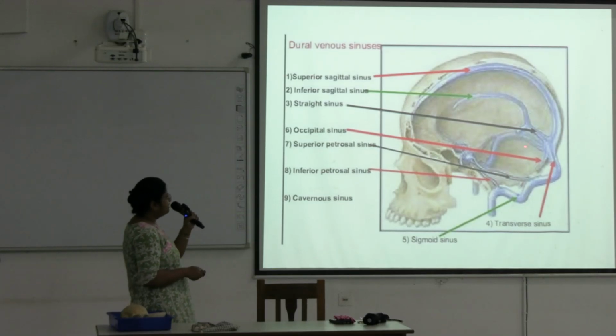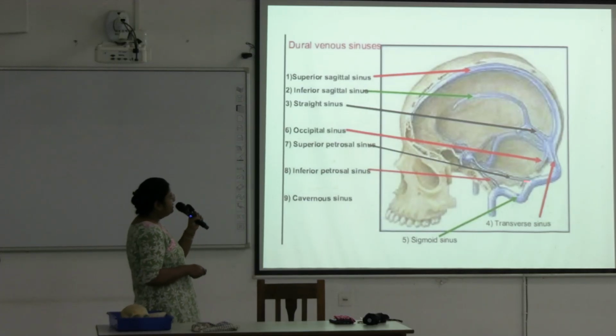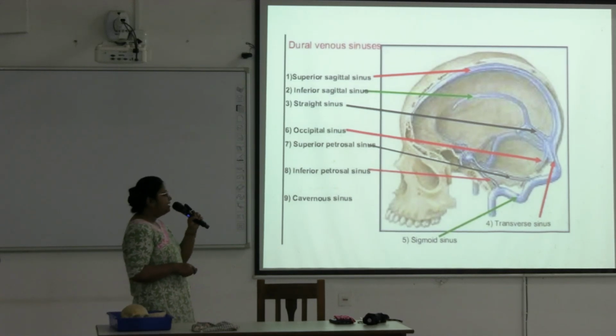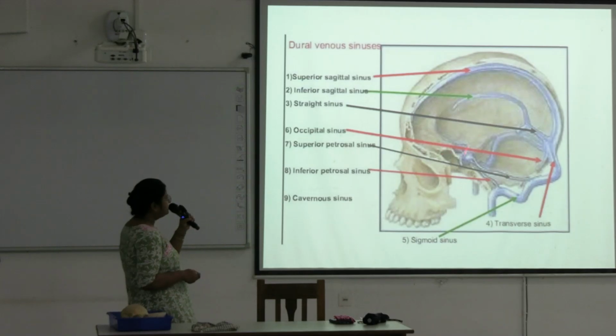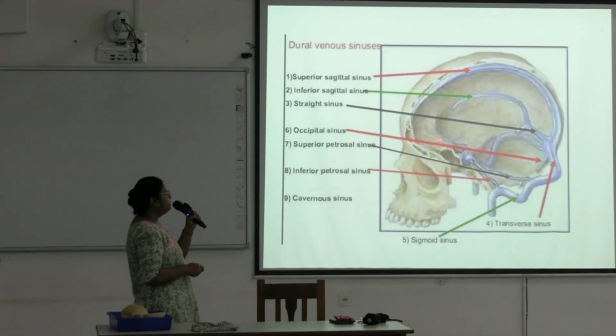And from here you can see this is transverse sinus, one on left side, one on right side, and these transverse sinuses are continuing downward. This S-shaped curved portion is known as sigmoid sinus, and this sigmoid sinus continues downward as the internal jugular vein. So these are the sinuses visible here.